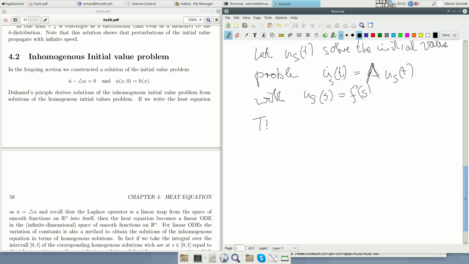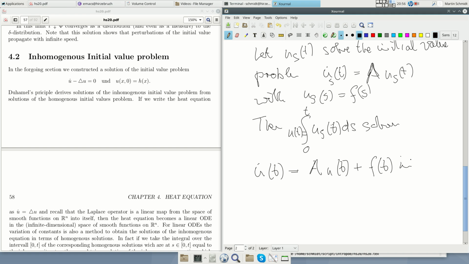Then the integral from t0 to t of u_s of t ds solves u dot of t is equal to A u of t plus f of t, so the inhomogeneous equation, and with initial value 0.